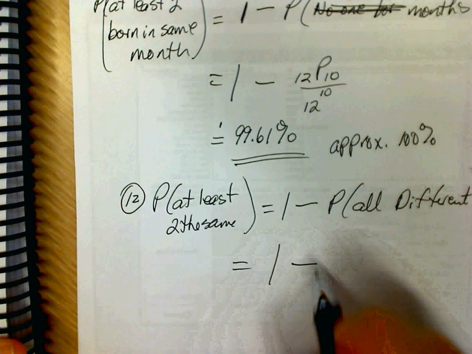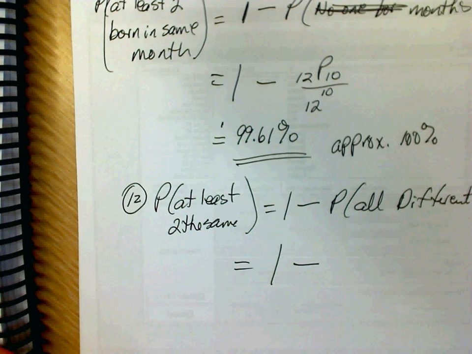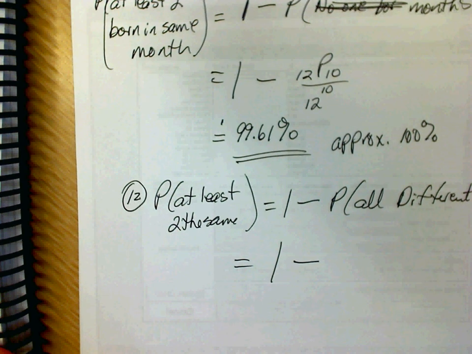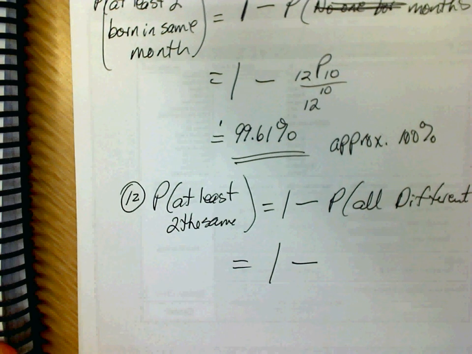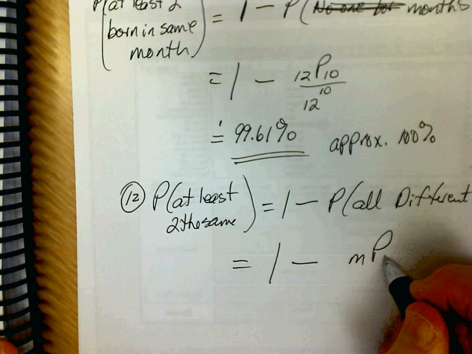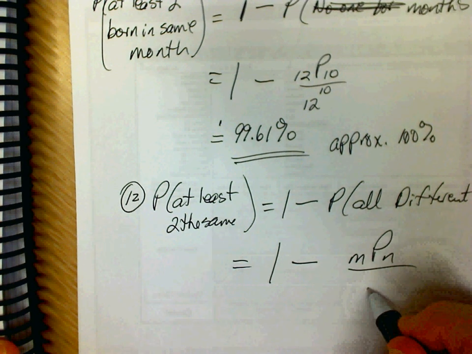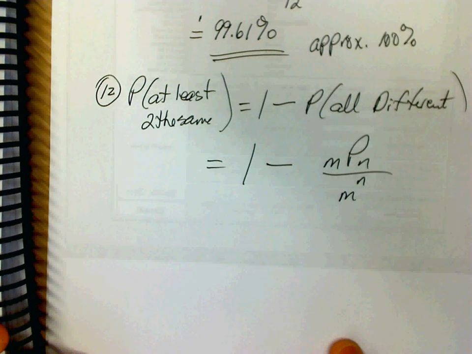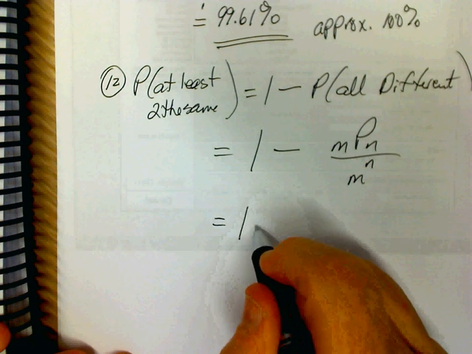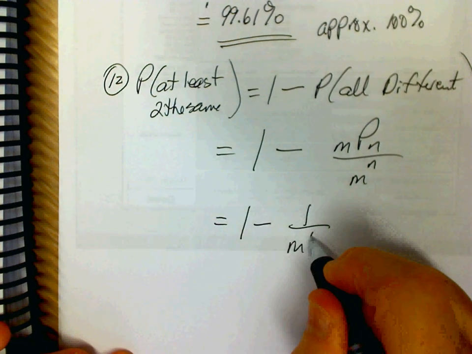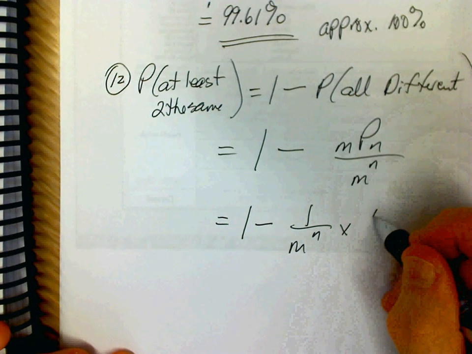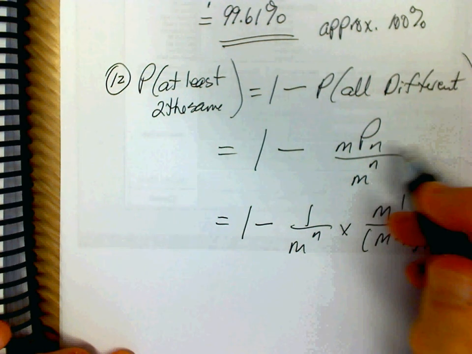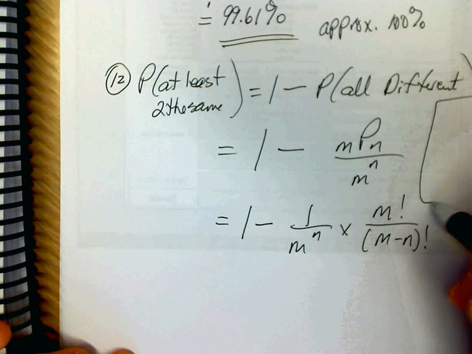So that's going to be 1 minus, we have n to choose from, right? No, m to choose, m distinct elements. So this is going to be n factorial over n minus m factorial. We use the nPr formula.